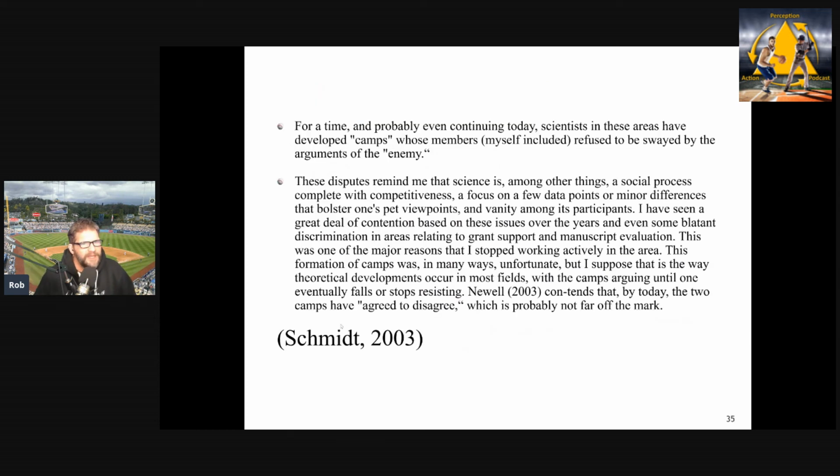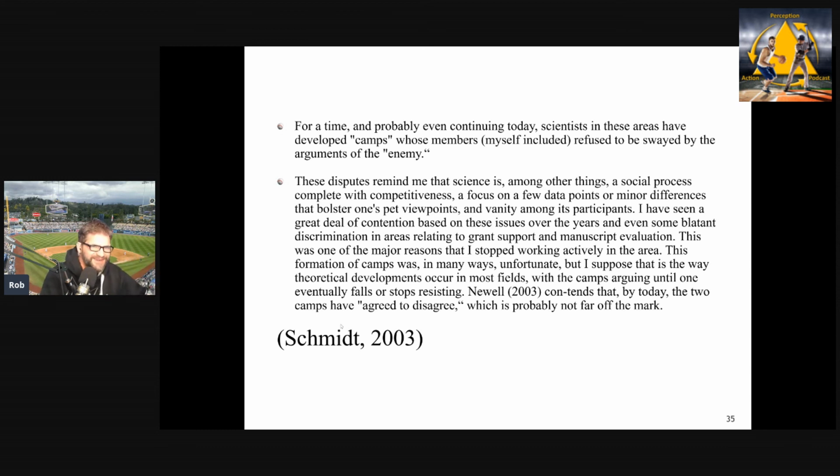And here's some quotes from the Schmidt 27-year reflection article. "For a time, and probably even continuing today, scientists in these areas have developed camps where members, myself included, refuse to be swayed by the arguments of the quote-unquote enemy." So that sounds very much like what's happening now. His other quote is talking about how this competitiveness is a social process.